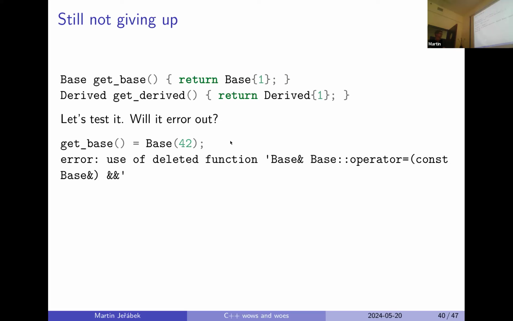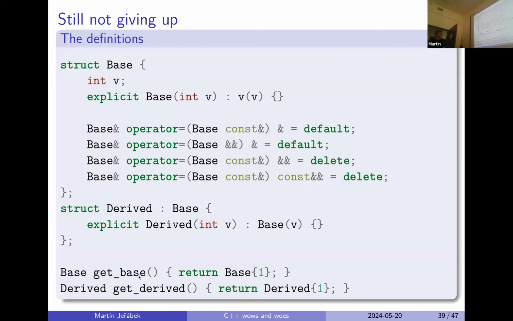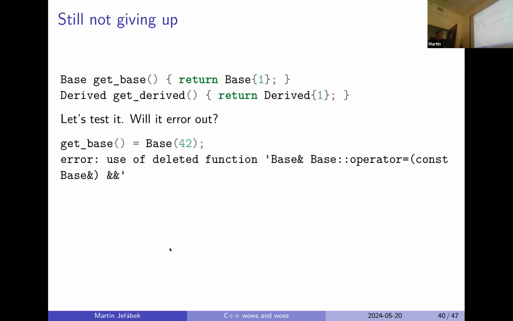Okay, the derived doesn't explicitly say anything about the assignments. So we do it. Okay, nope. Yeah, it works. Because you need to use the operator from the base class. Yes, but I mean, the assignment operator of the derived doesn't have to use the assignment operator of the base.